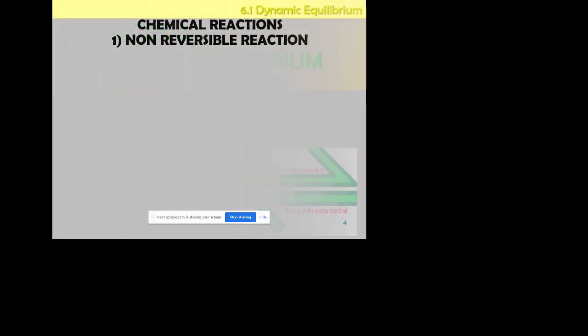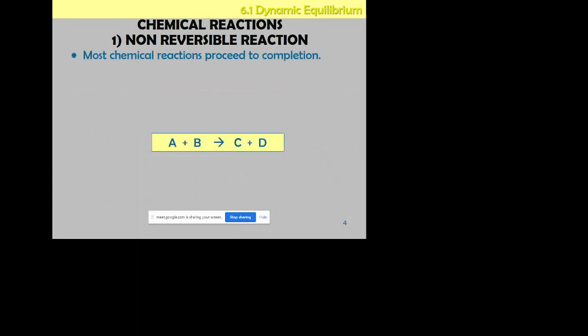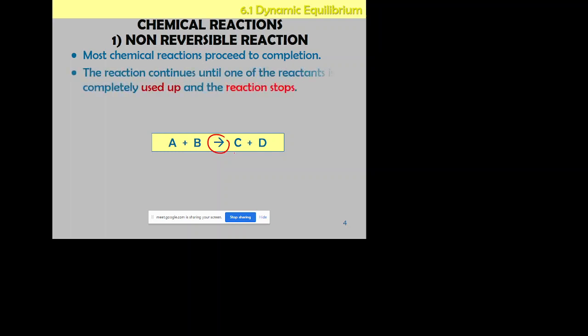So, let's masuk dynamic equilibrium. Okay. Sebelum ni, we did a lot of equation semua. Kita balance the equation. Most of the time kalau you guys nampak, we use single arrow. So arrow yang menunjukkan the reactions are progressing from A and B into C and D. Okay, so it means that it's only take one direction, right?